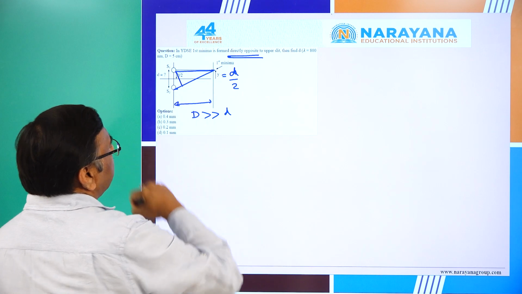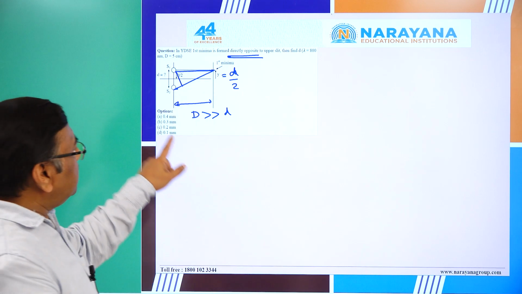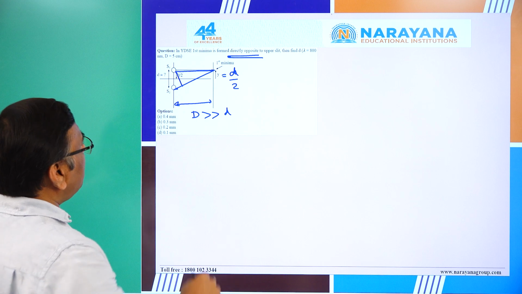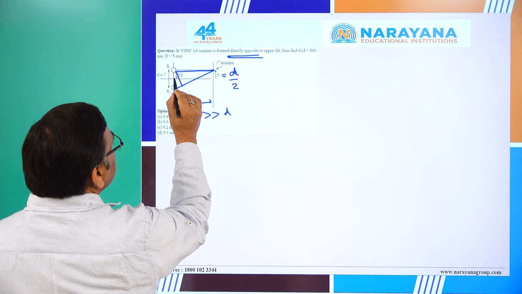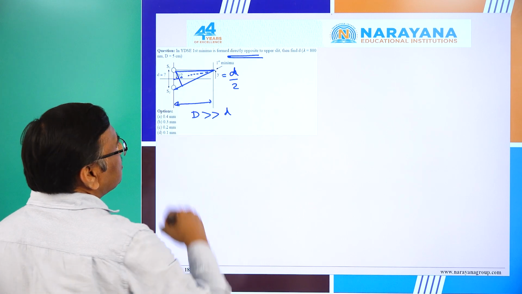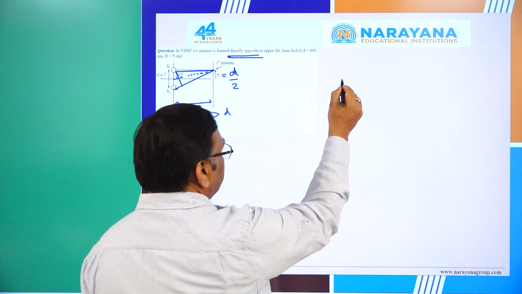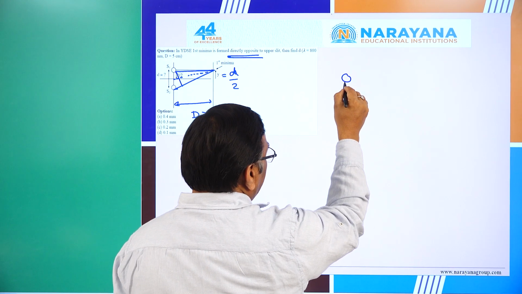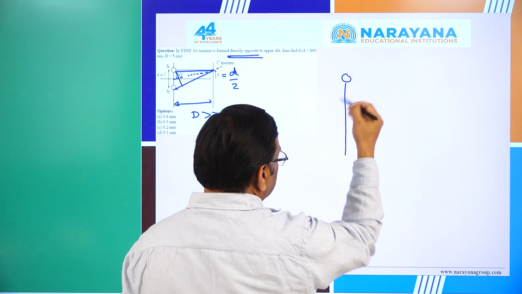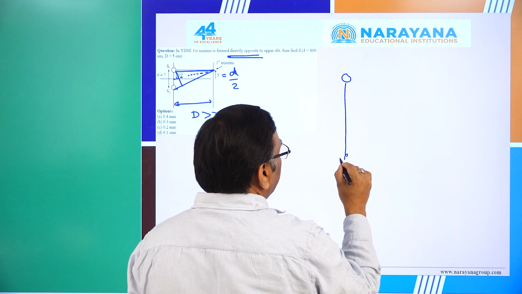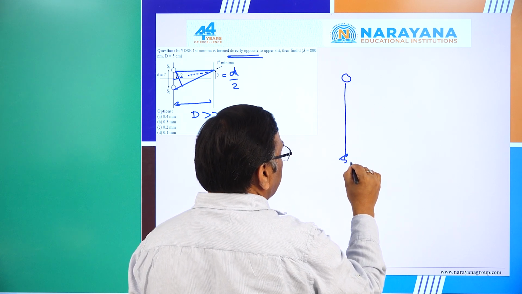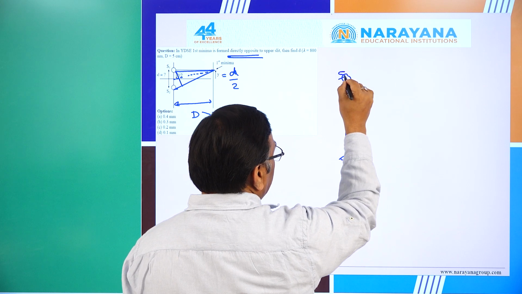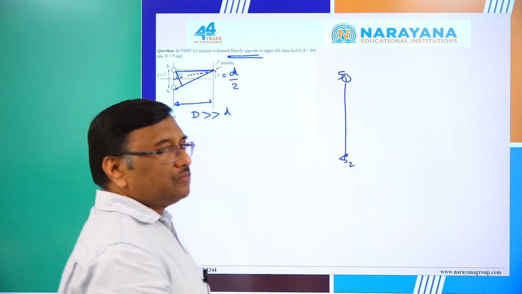I can draw a perpendicular over here. Considering this to be large distance, if I make a perpendicular here and I join this point from here to this point. Okay, for the clarity I just draw a separate diagram for you. Let us say this is slit number 1, I am indicating by circle, no issue, and this is slit number 2. So I write S2 and I write here is my slit 1, S1.